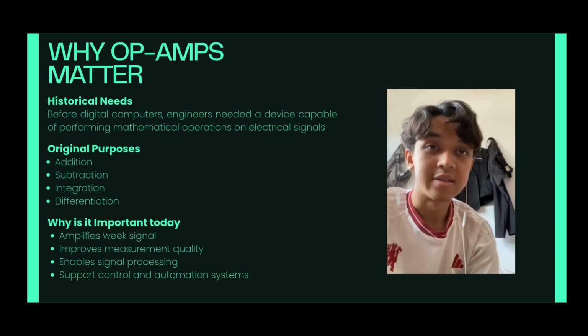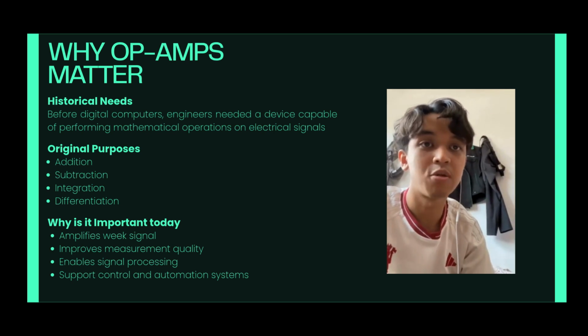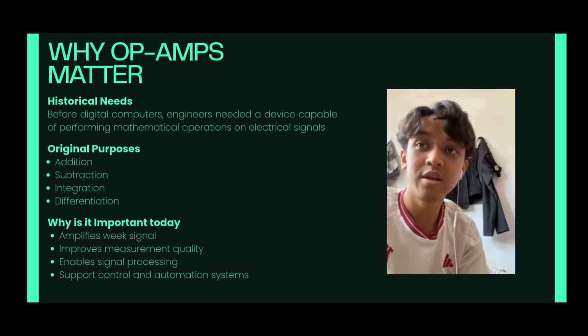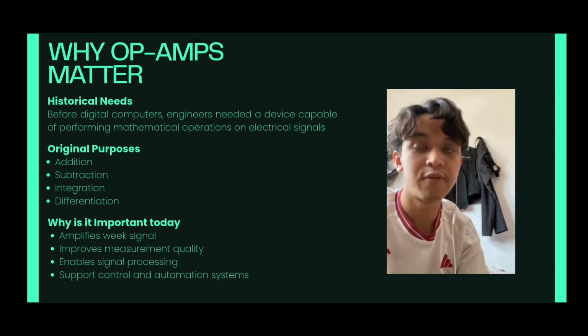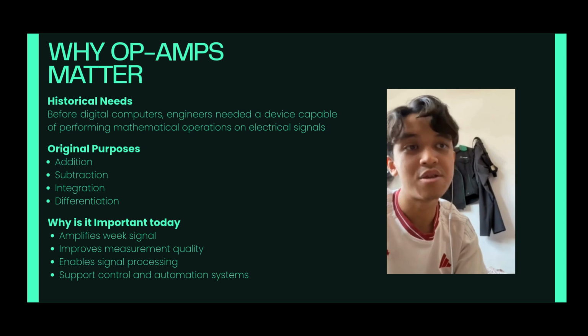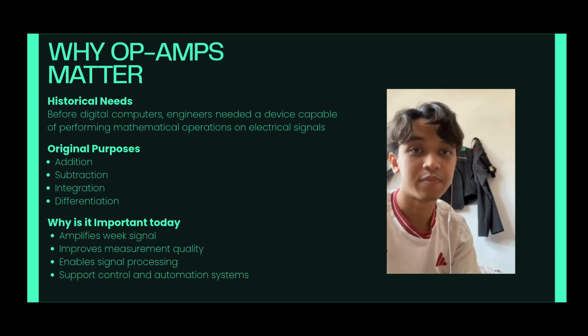Now we know what it is. Let's talk about why it matters. To truly appreciate op-amps, we have to look back at historical needs. Before modern digital computers existed, engineers faced a massive challenge. They needed a reliable hardware device capable of performing mathematical operations directly on electrical signals. This is actually where the name operational amplifier comes from.